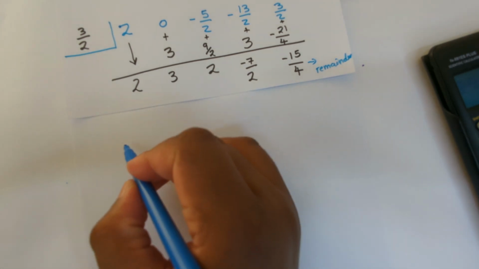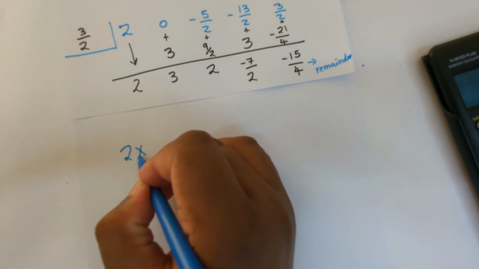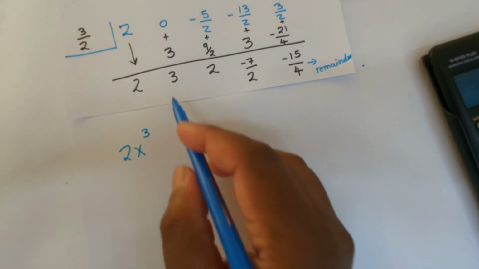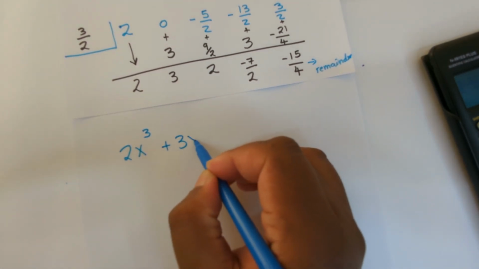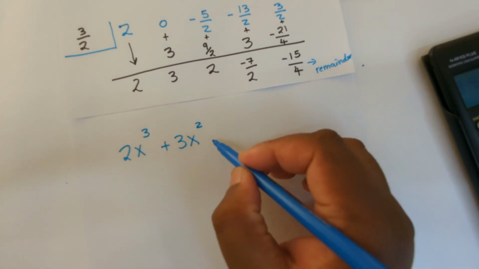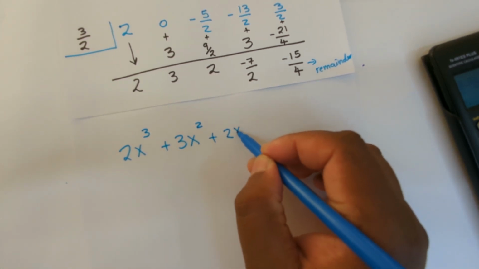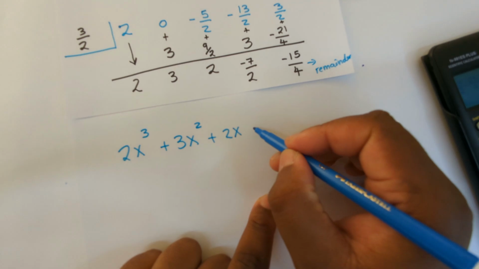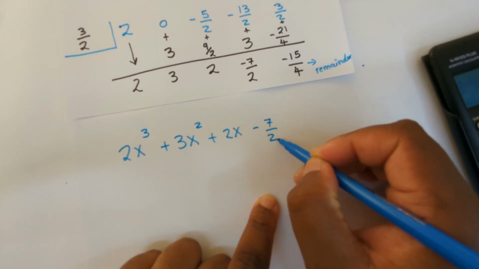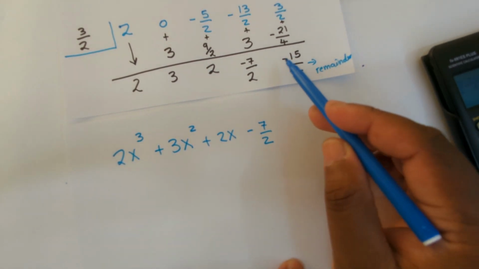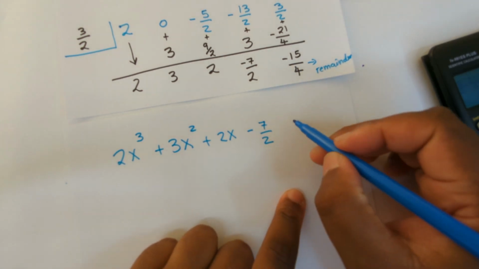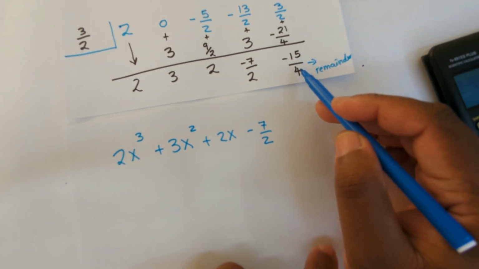So let's write, the first one will be 2x to the power 3, followed by 3x to the power 2, followed by plus 2x with our constant of negative 7 over 2, and lastly this is our remainder. So our remainder is negative 15 over 4.